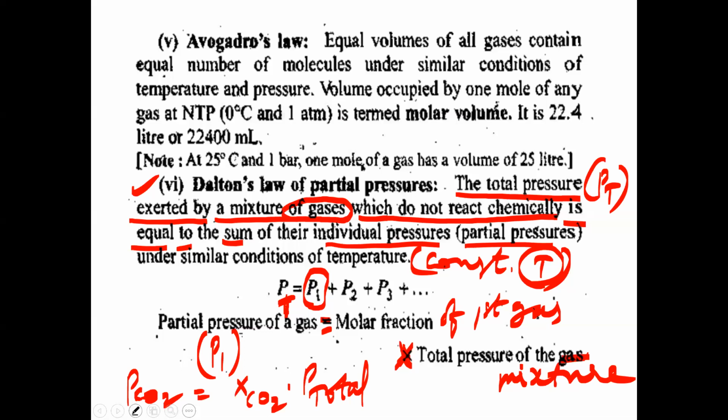Nitrogen gas, oxygen gas, and CO2 gas. The partial pressure of CO2 is equal to the mole fraction of CO2 in the air into the total pressure of the gaseous mixture. So this product gives the partial pressure of any gas. So this is Dalton's law of partial pressures.